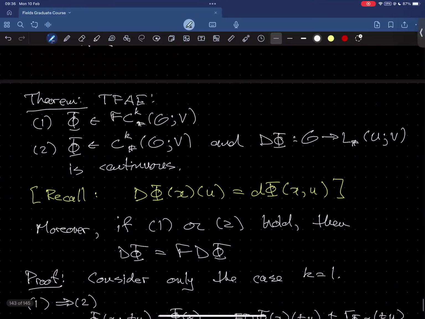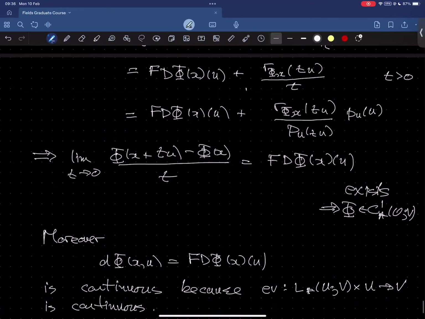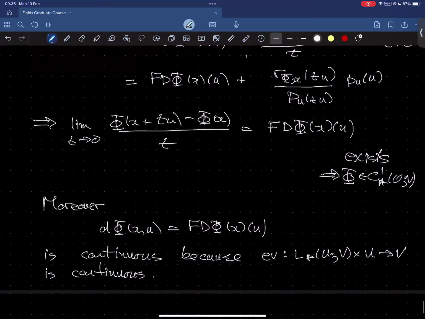So that shows that if it's FCK, then it's CK, and moreover, the derivative d phi of x of u.